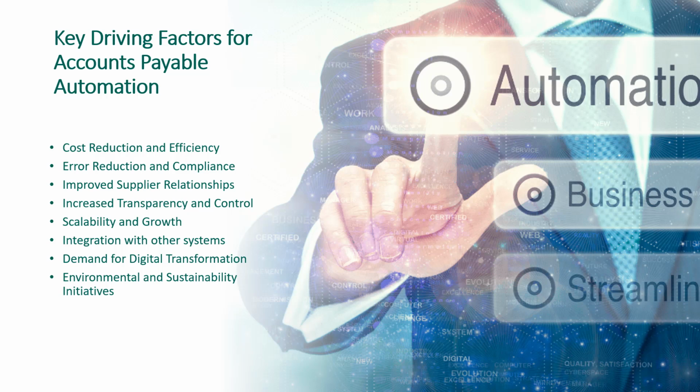Automation reduces the cost per invoice processed by streamlining the capture and approval workflows. Also, faster invoicing times, with automated systems, you can process an invoice in a fraction of the time it takes to manually enter, significantly speeding up AP processes and improving cash flow management.